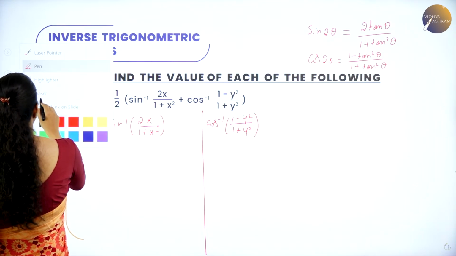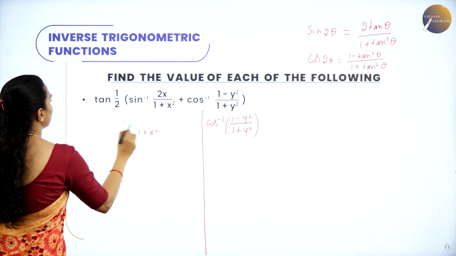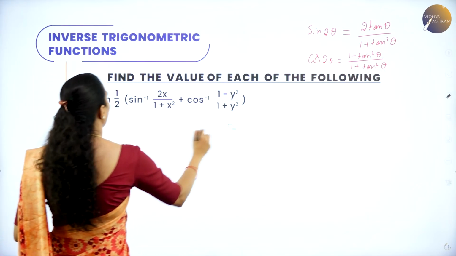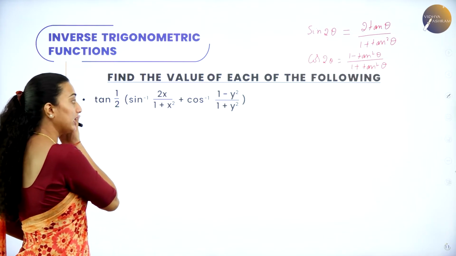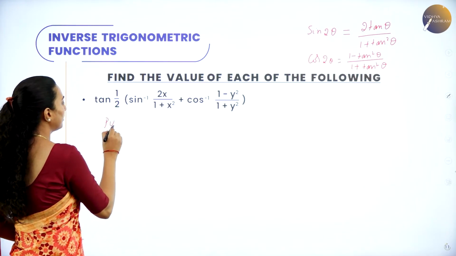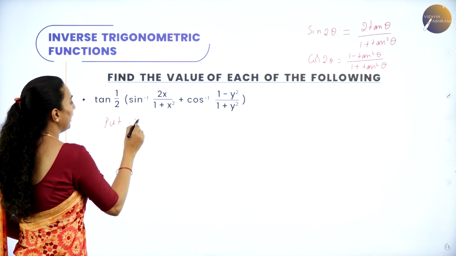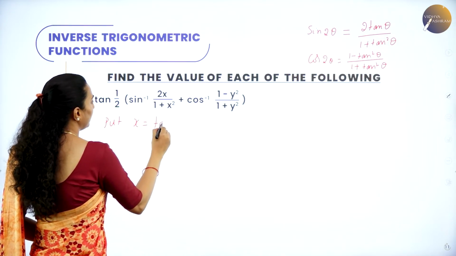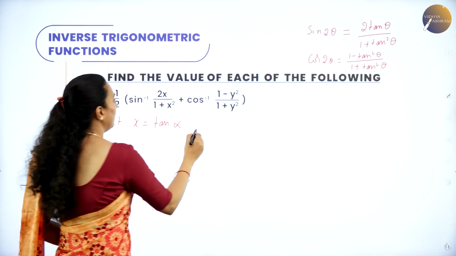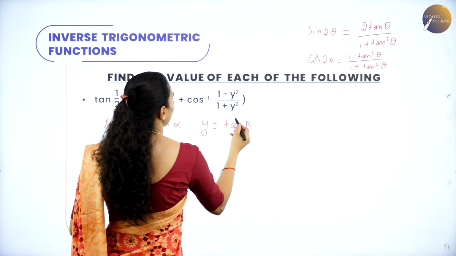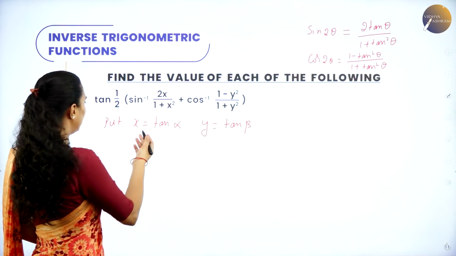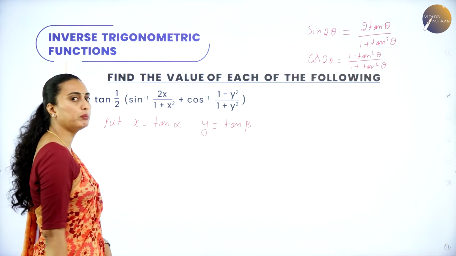So, here put x equal to tan alpha and y is equal to tan beta. That's it. Different variable, different substitution of tan.